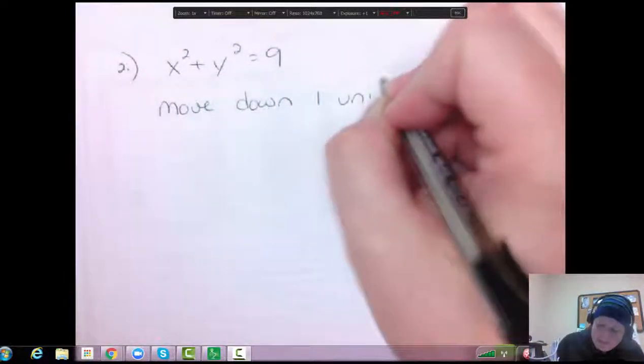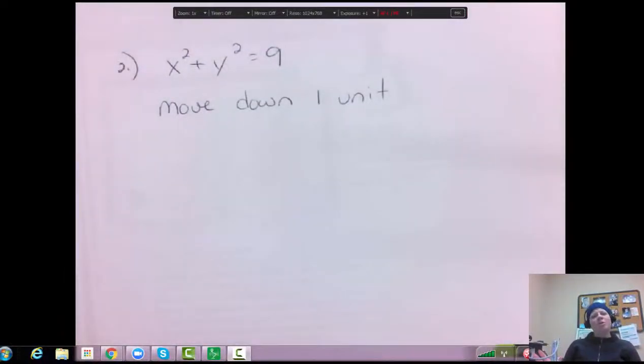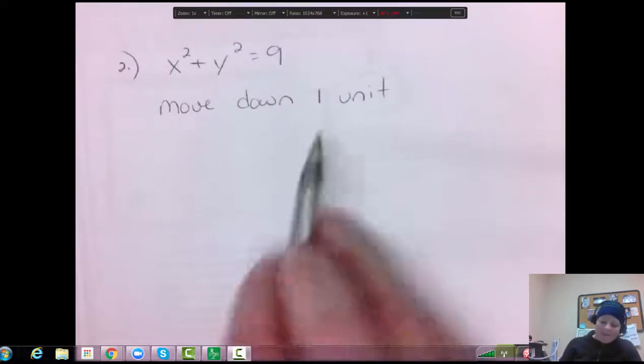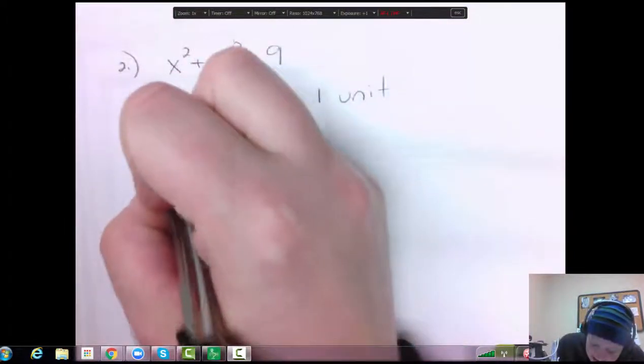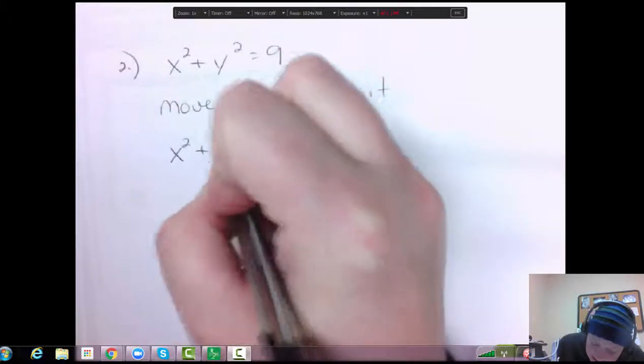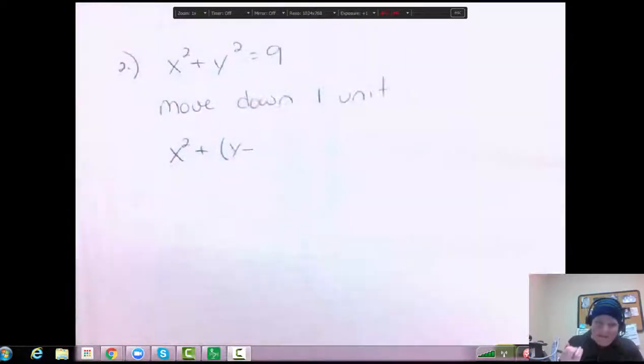I didn't say anything about changing the radius. I just want to move it down. What moves it down? Numbers by the y or numbers by the x? Right, y is up and down, x is sideways. So if I want to move it down, it's like a negative, right? So we can have y minus that value.